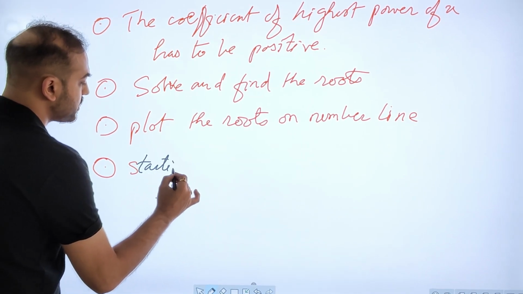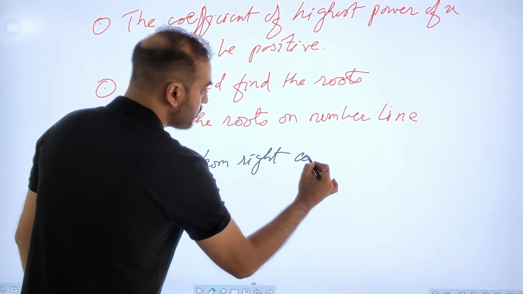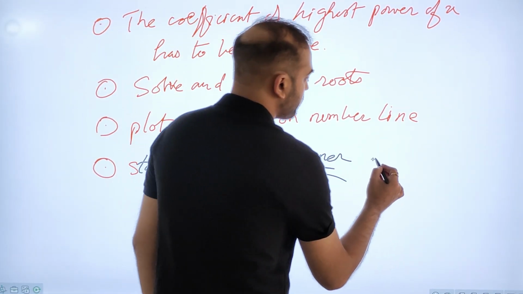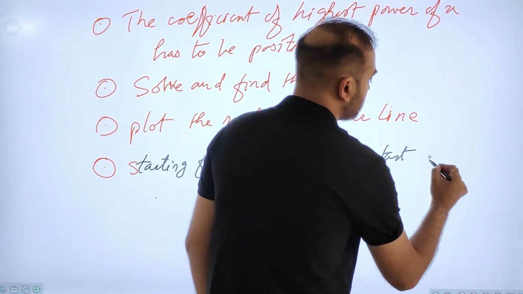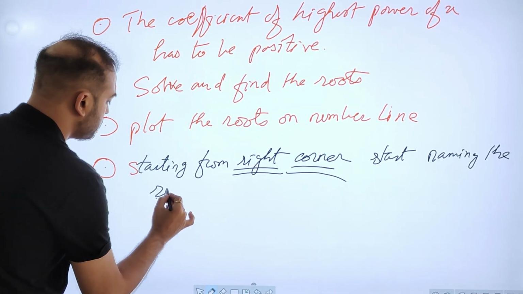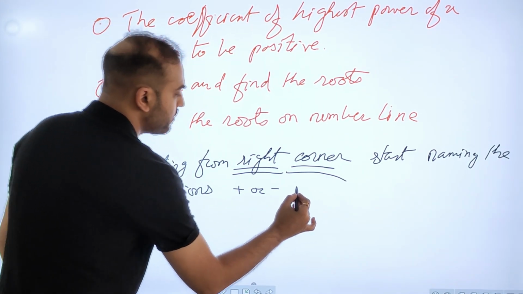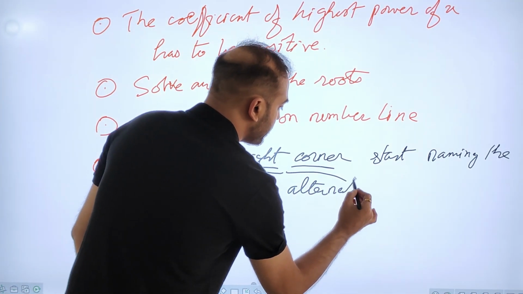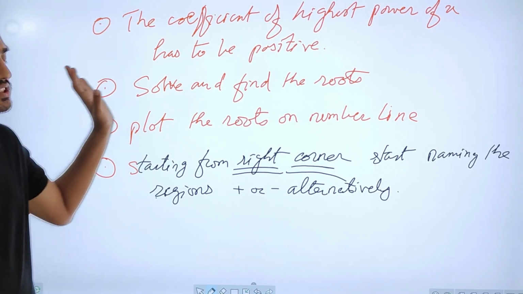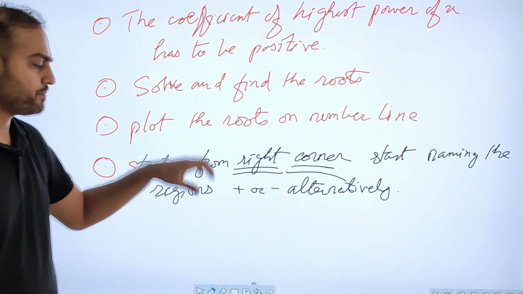Start naming the regions positive or negative, alternatively. You start from the right corner and start giving your regions positive and negative signs alternatively, right?